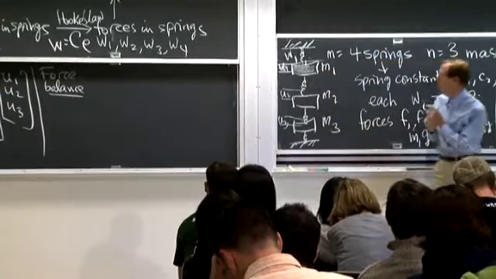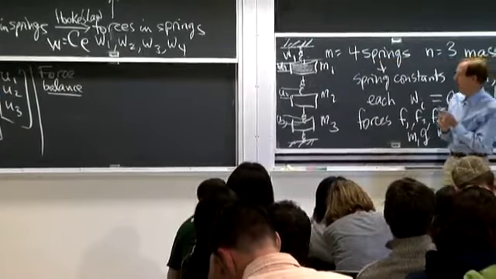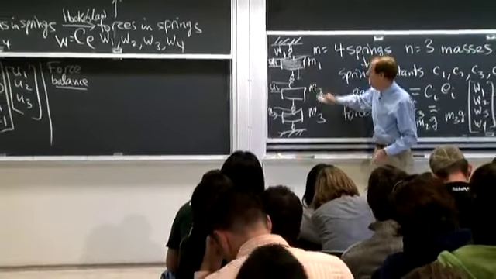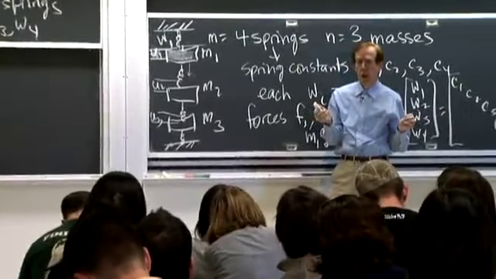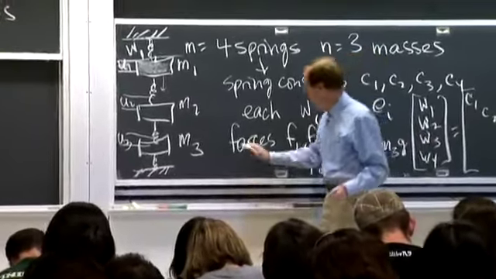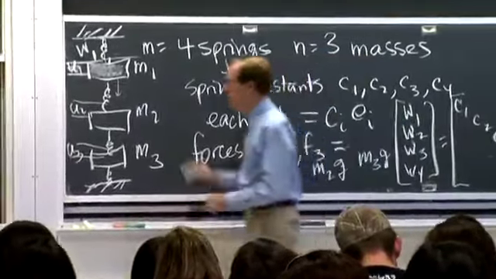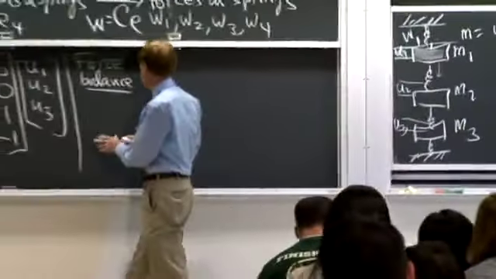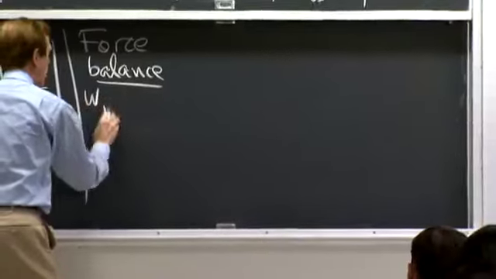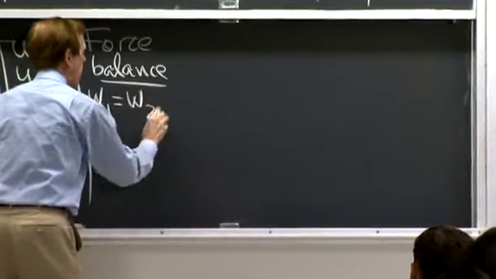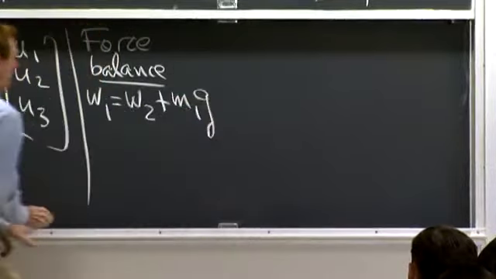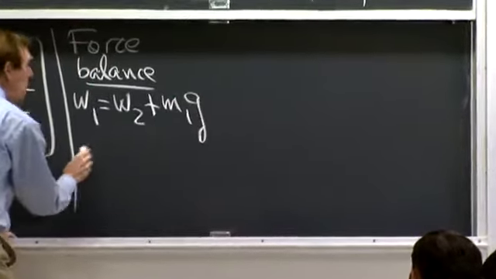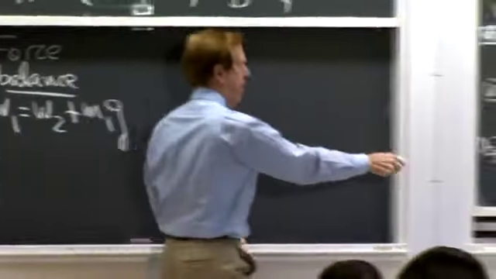What other forces are acting? W2 is pulling down, and also pulling down is gravity, M1g. So the balance of forces there says that W1, the force up, is W2, the force down, and M1g.